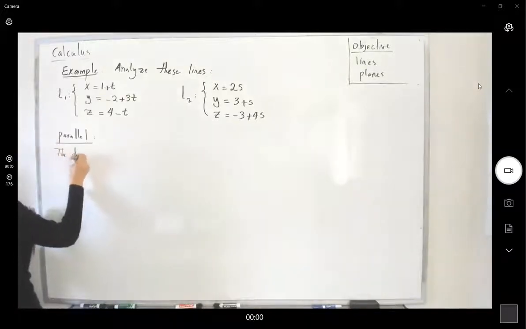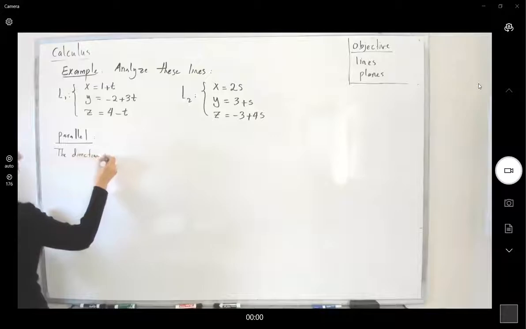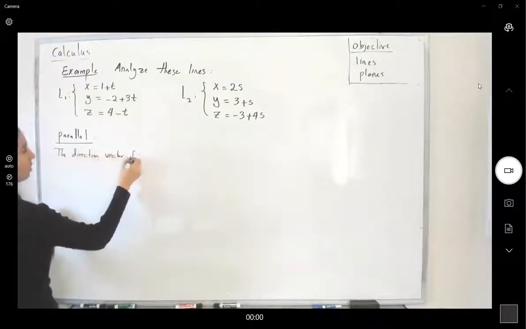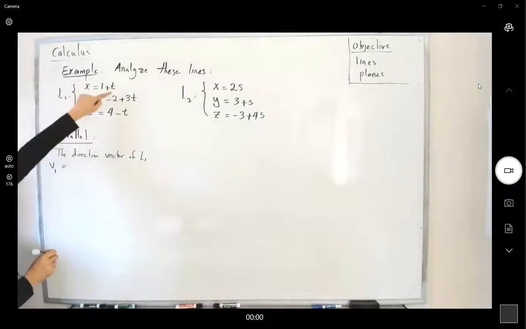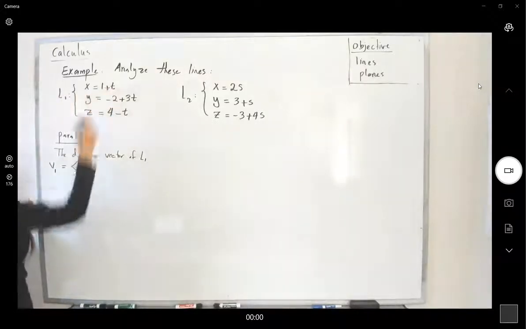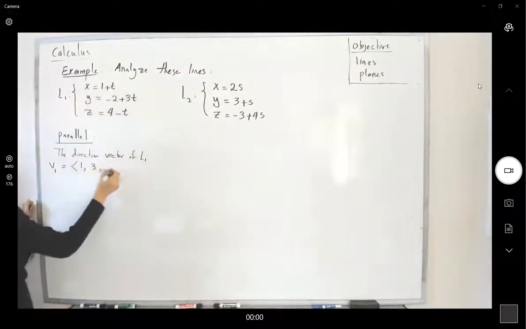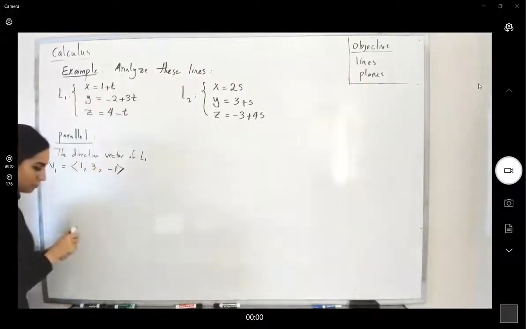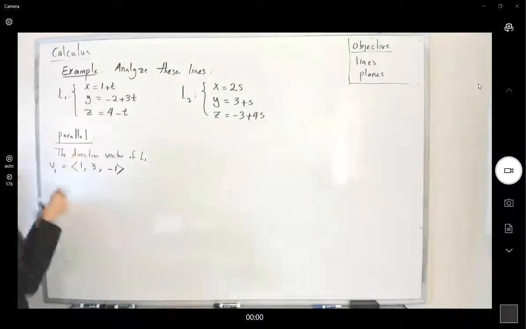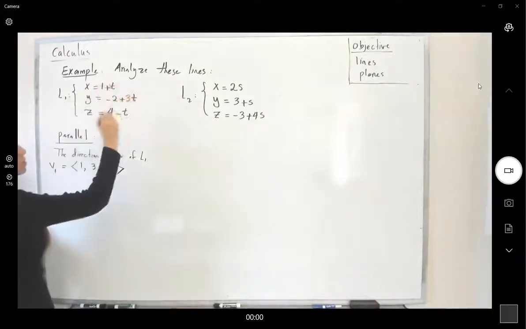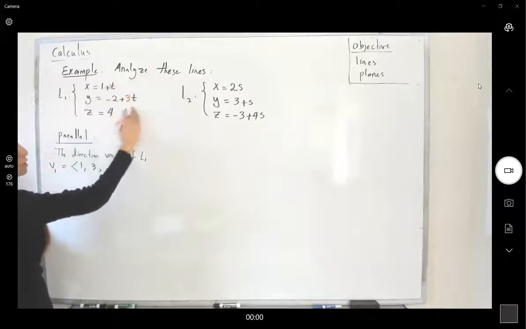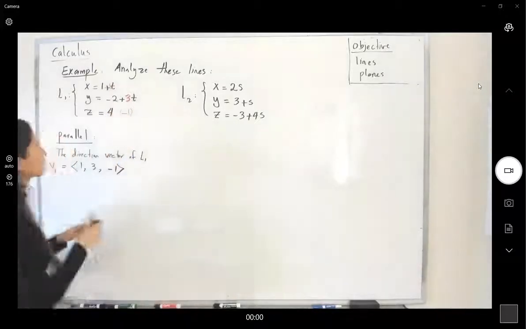The direction vector of L1, this is v1 equals <1, 3, -1>. So the coefficient of t is 1, the coefficient of t is 3, and the coefficient of t here is -1.